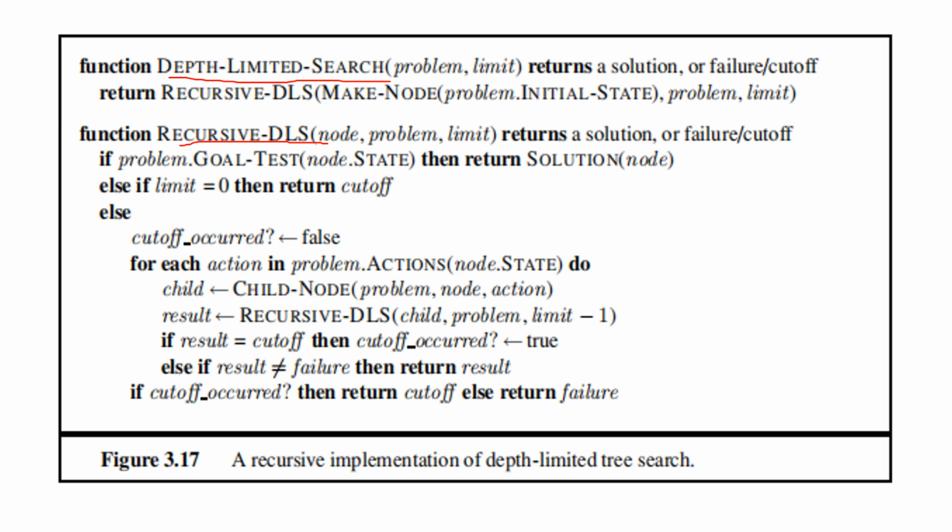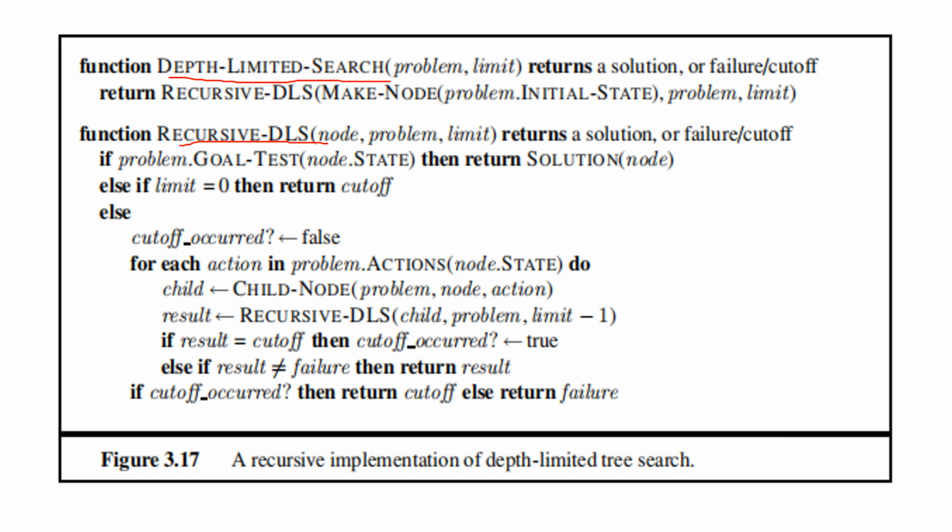So here we can see that if problem goal state, then return solution. That means it checks whether the current node is the goal. If yes, then return the solution path. Then the search stops immediately. So the goal state is always checked before the depth limit. Then we can see else if limit is equal to 0, return cutoff. Limit equal to 0 means the maximum depth is reached.